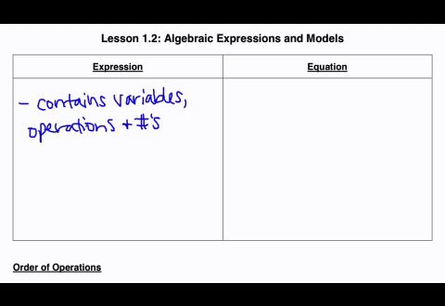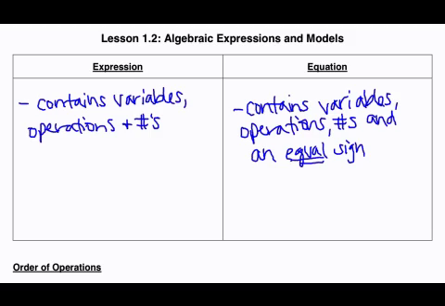On the other side, an equation also contains variables, operations, and numbers, but it also includes an equal sign. So essentially, an equation is an expression with an equal sign, or expressions equal to each other. So again, the difference between an expression and an equation: an expression does not have an equal sign.